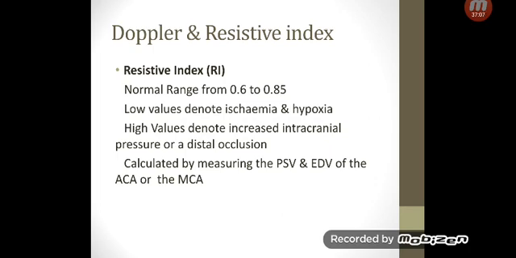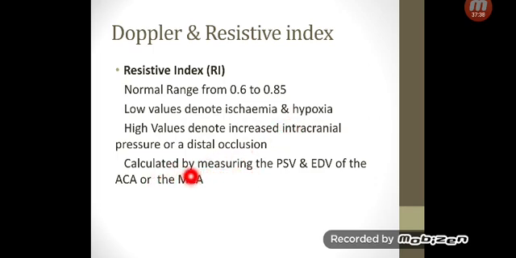High values denote increased intracranial pressure, so it can be a sign of edema or hydrocephalus pushing against the brain, or it can also be a sign of a distal occlusion, distal to the artery that you're taking the resistive index on. That's how they use it with the middle cerebral arteries to scan for ischemia.